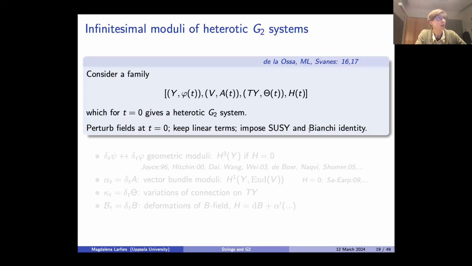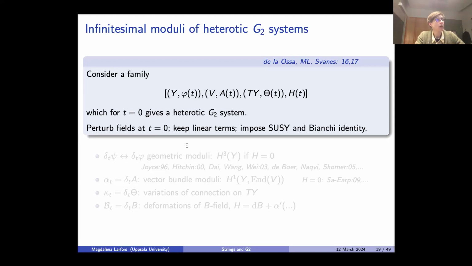So in order to study the infinitesimal moduli of this heterotic G2 system, preserving N equals 1 supersymmetry, what we did was to consider a family of such systems that reduces to a heterotic G2 system, that solves all the constraints when t equals 0.